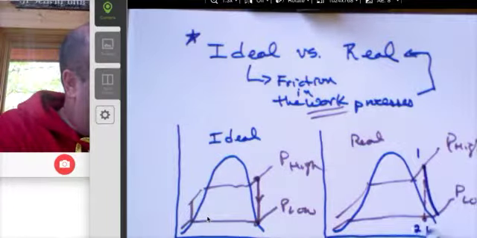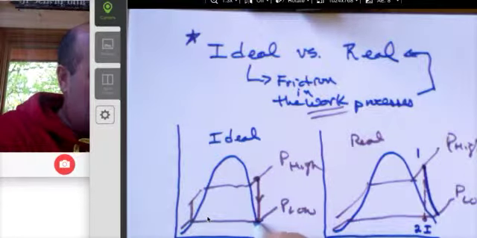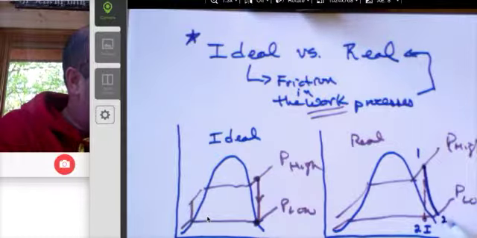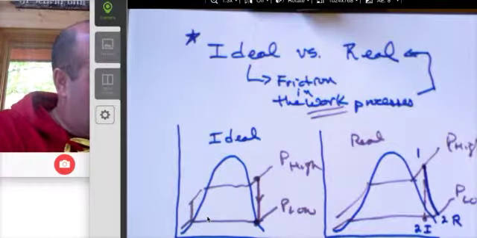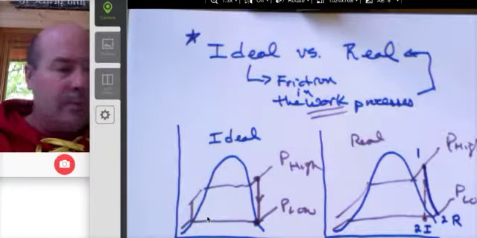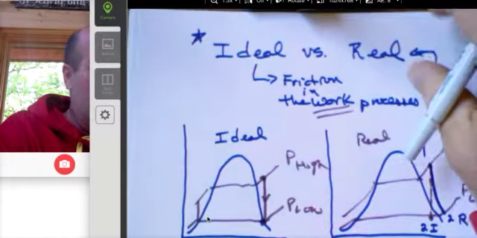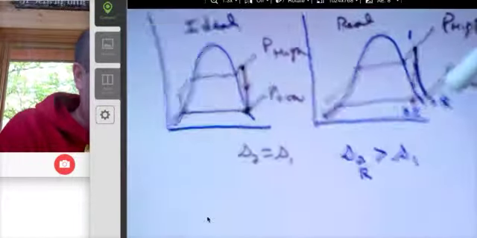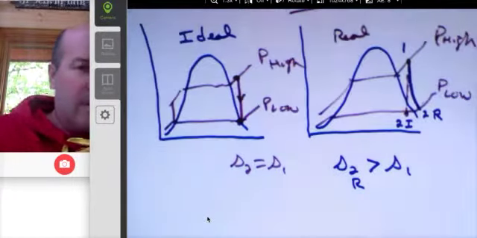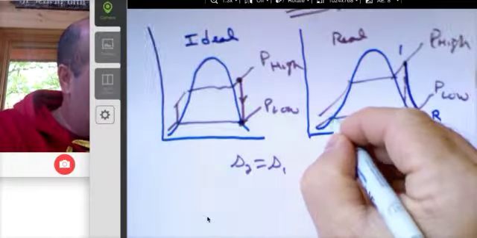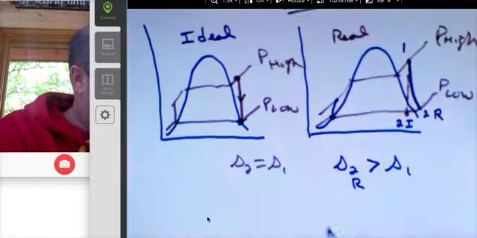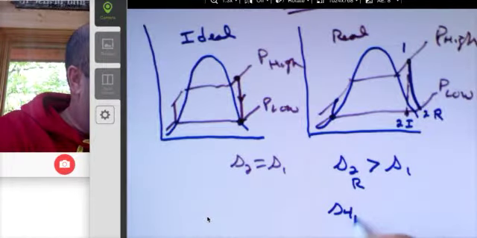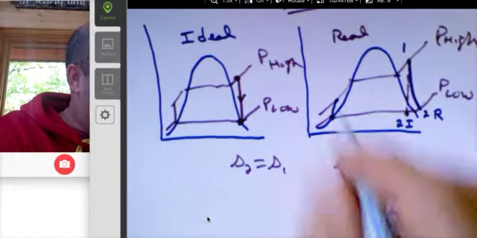We call this point 2 ideal, just like this one over here, and we call this 2 real. So for point 2 real, S2 real is greater than S1, and the same is true from 3 to 4. S4 real is greater than S3.